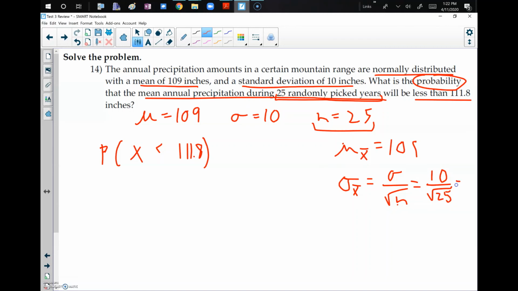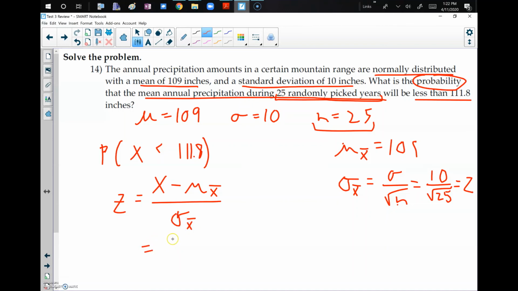So that's 10 divided by 5, which the math isn't too hard, that's just 2. So when we calculate our z-score, we're also going to have that adjusted formula. Because I did adjust my sample standard deviation, you could use your z-score formula like we have in the past, just knowing that we're using the mean of our samples and the standard deviation of our samples.